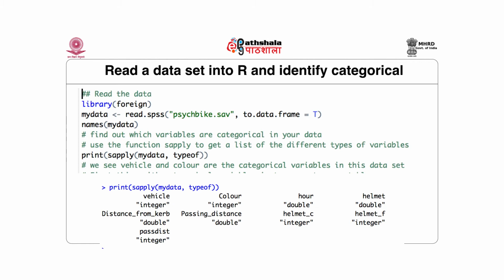Otherwise, install that package first and then call that package in your script by typing library within parentheses foreign, and then create an object called myData, and then use this particular symbol, that is a less than sign and a dash, and then type read.spss to type in the name of the file, which is in this case sidebike.sav, and specify that you're going to read it into a data frame.